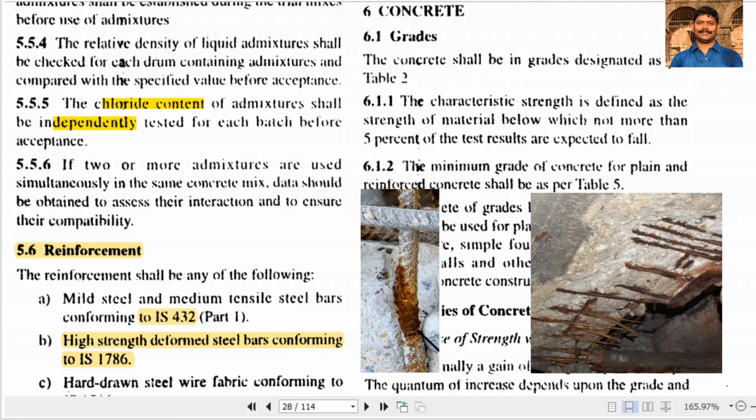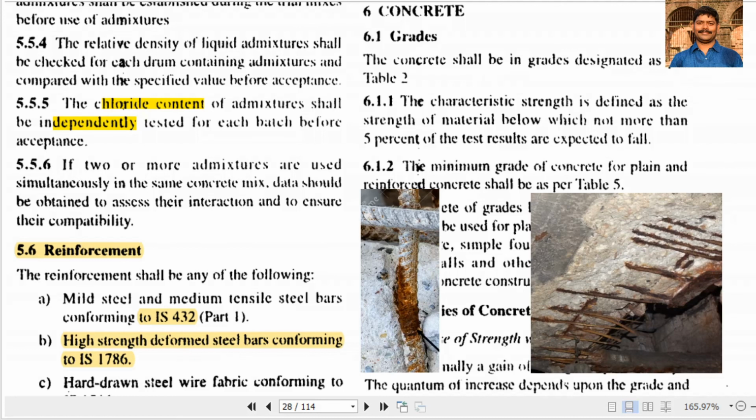You can say it is a protective layer on the reinforcement. Now what happens when the chlorine percentage is more? Initially it reacts with the passive layer, as you will see in the bottom one, and then it started reacting with the reinforcement.